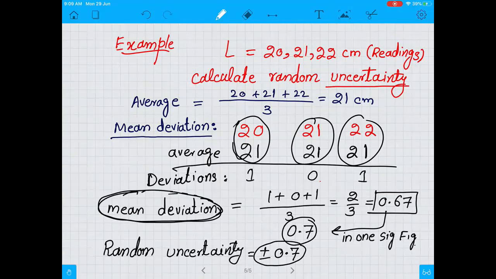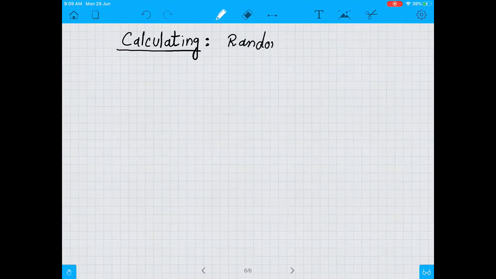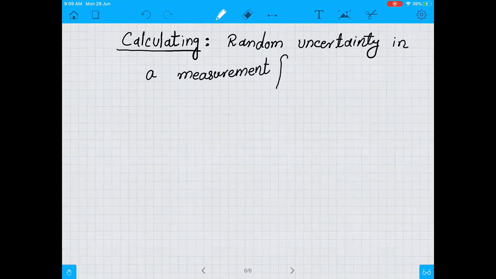Now let's move on. How will you calculate random uncertainty in a measurement? This topic is called compounding errors.